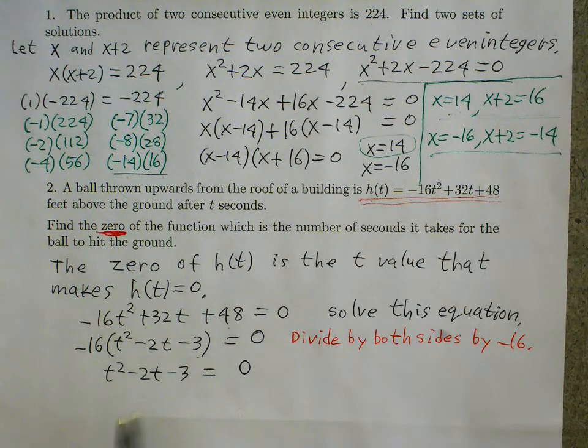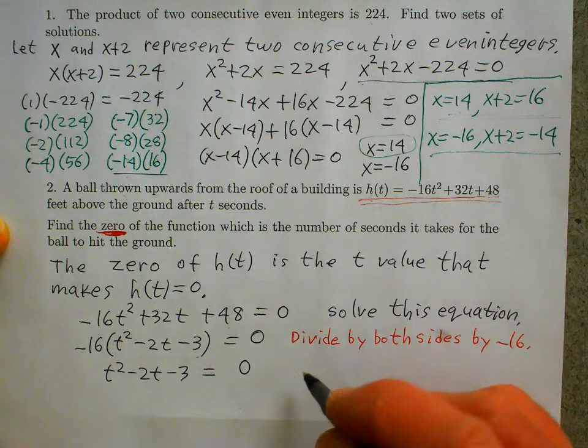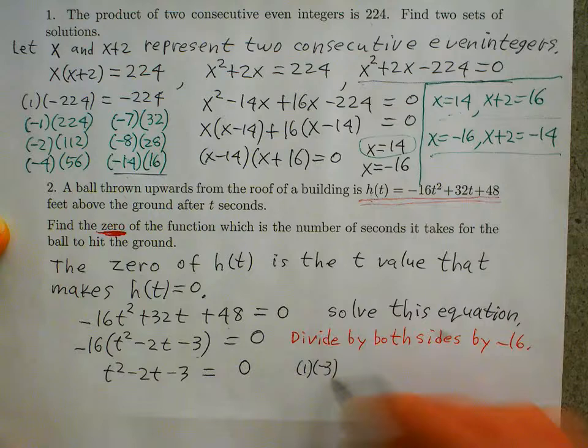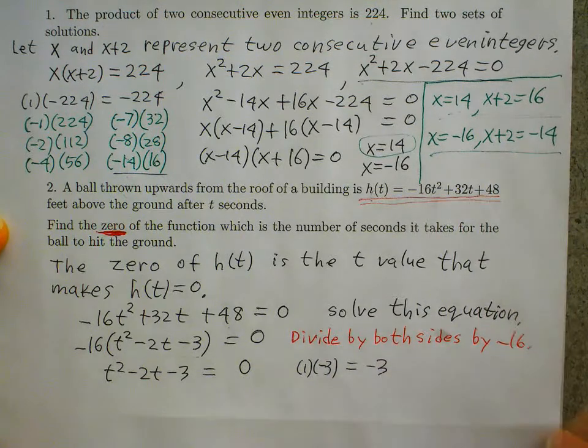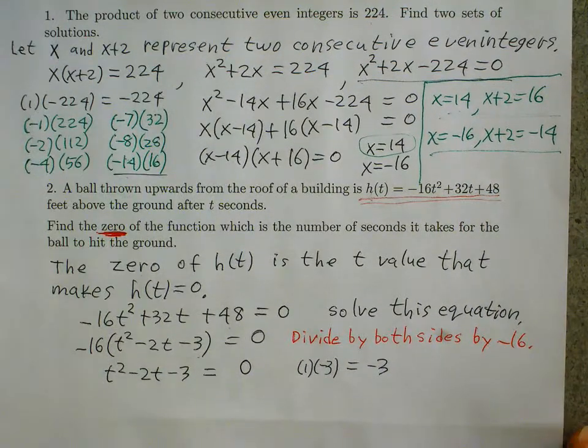Okay, now we factor t to the second minus 2t minus 3. Okay, let's use the AC method. 1 times negative 3 is negative 3. Two integers that have a product of negative 3 and add up to negative 2. They are 1 and negative 3.